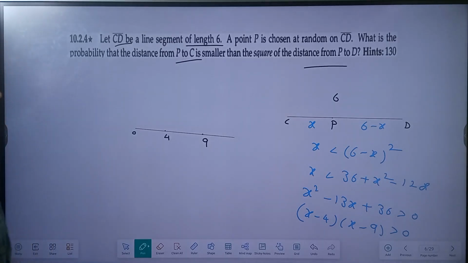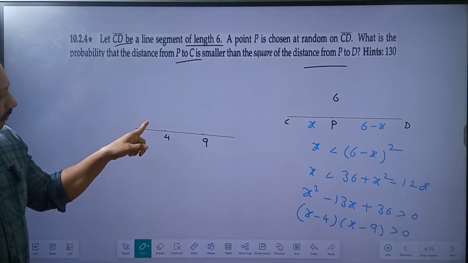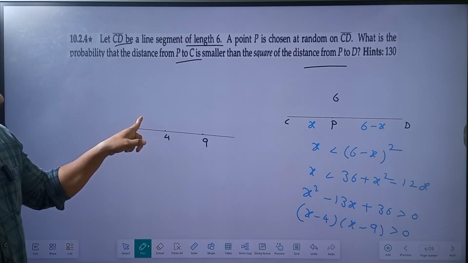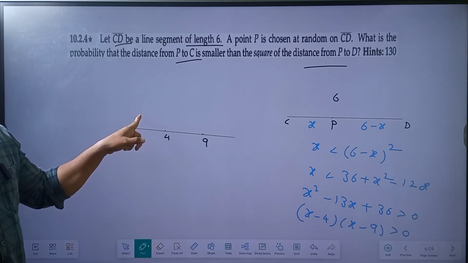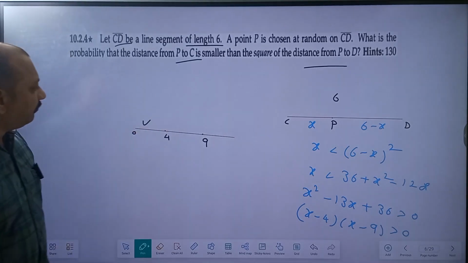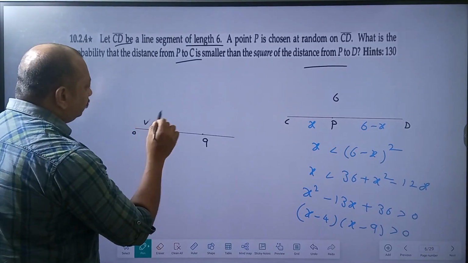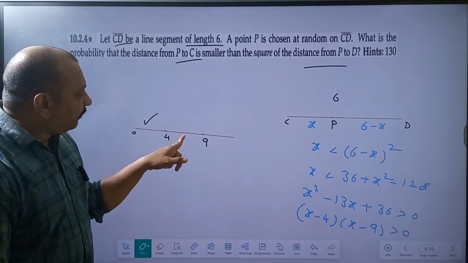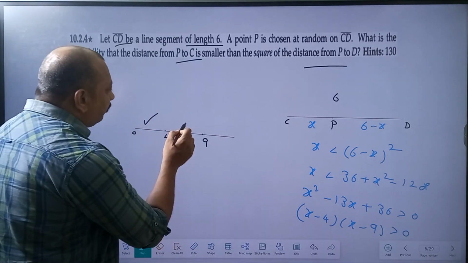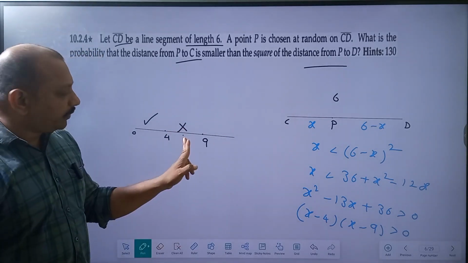If you consider a point here, X minus 4 is negative and X minus 9 is also negative, and the corresponding product will be greater than 0, so this region can be acceptable. If we take a point here, X minus 4 will be positive and X minus 9 will be negative, total product will be less than 0, so this is not to be considered.